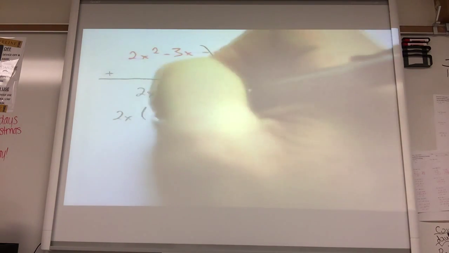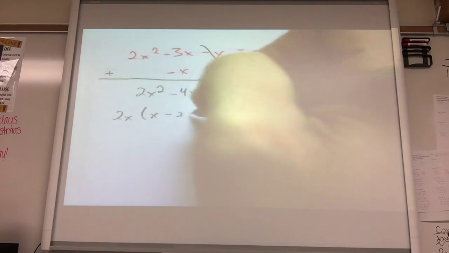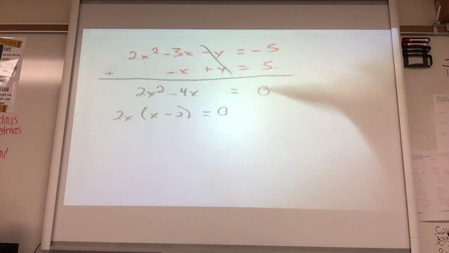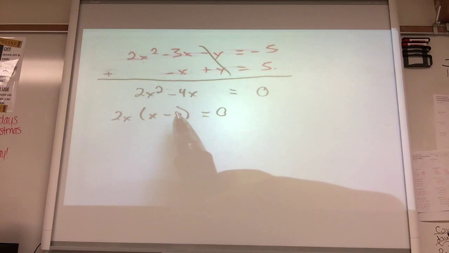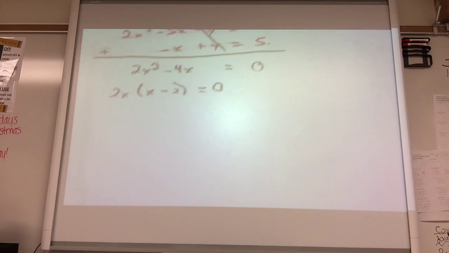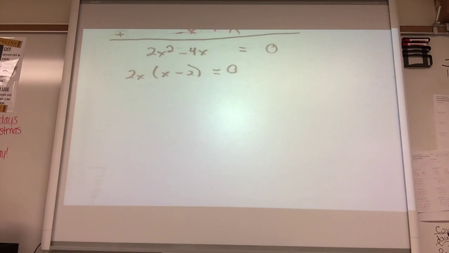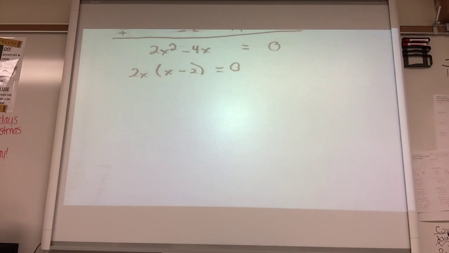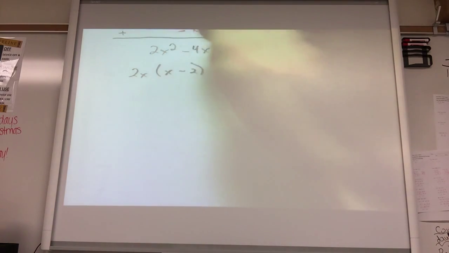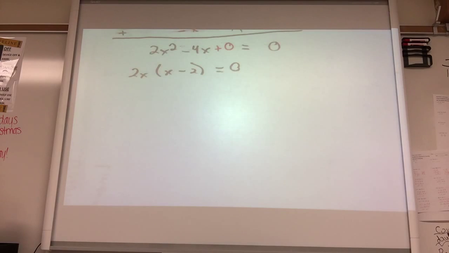Again, the quadratic equation always works, guys, but sometimes factoring just makes it easy as heck if you can do it. So if you knew that this gets factored to that, the whole equation's already solved for you. If you didn't, you'd have to use the quadratic equation, which would take you a little bit of time, but you'd get the exact same answers. Keep in mind, if you're using the quadratic equation, your c value here is 0. There's a plus 0 there.